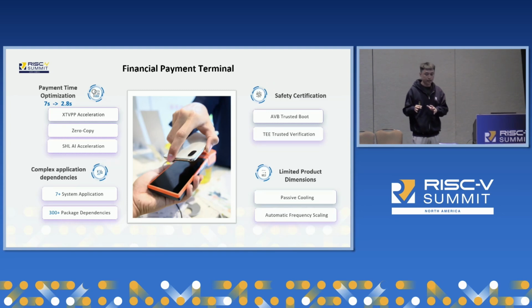And the product dimensions are very limited, so we also deal with some passive cooling and some DVFS, automatic frequency and voltage scaling methods, for thermal control. That's our first Android standalone product.